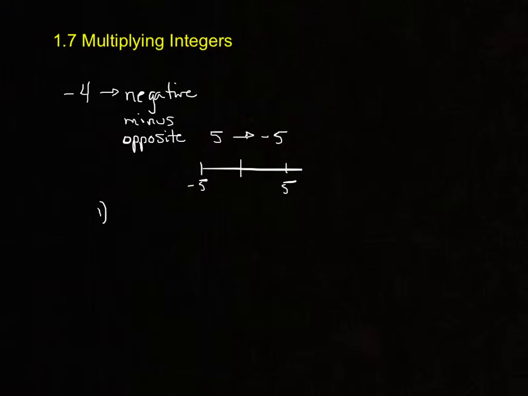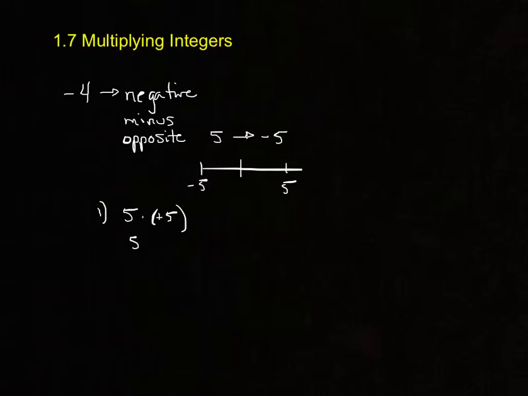So the first one is 5 times negative 5. Or better yet, let's even go back a step here to say 5 times positive 5. Multiplication is a shorthand, almost like a shortcut to multiple steps of addition. So here we're saying we have 5 5s.